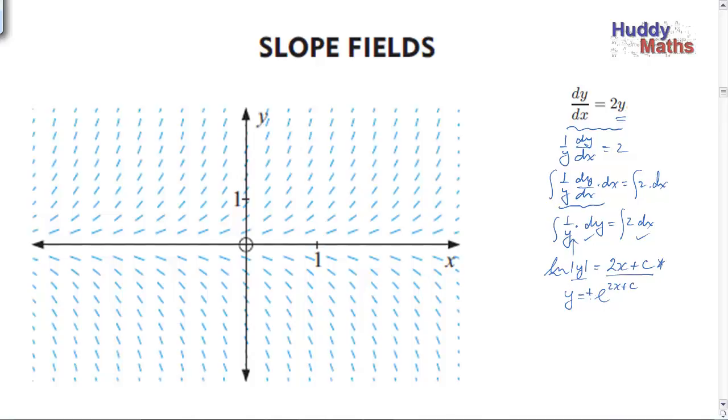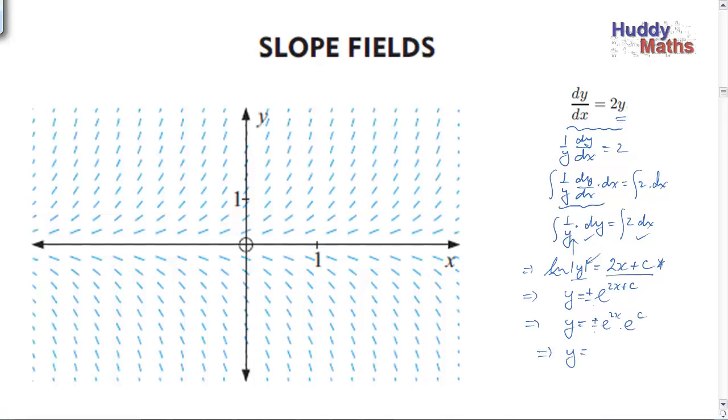And it's plus or minus. Now you must put that in, because you've got the modulus. It's saying that you can only find the log of a positive number. So here, y could have been positive or negative, and you took the modulus of it. So this would imply y equals plus or minus e to the 2x by e to the c.